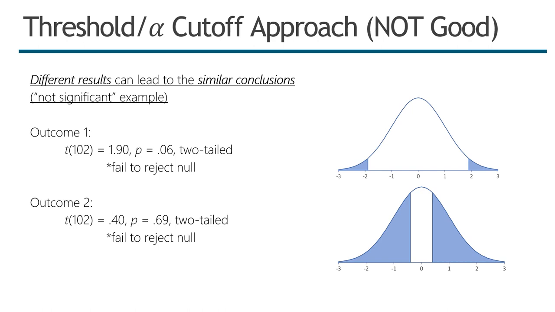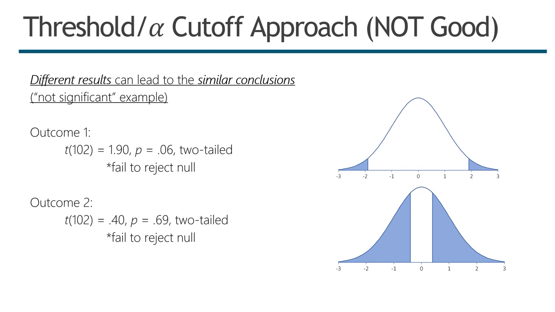Clearly, based on what we learned about p-values earlier, the 0.06 is much stronger evidence against the null hypothesis than the 0.69. But in both of these situations, you would describe the outcome as not significant and you would not reject the null. This is really neglecting to take advantage of the differences between these two p-values.